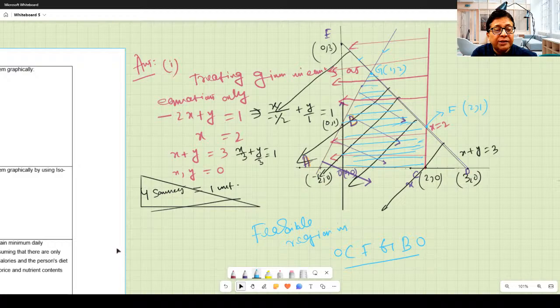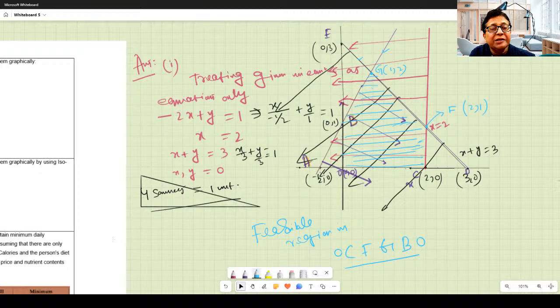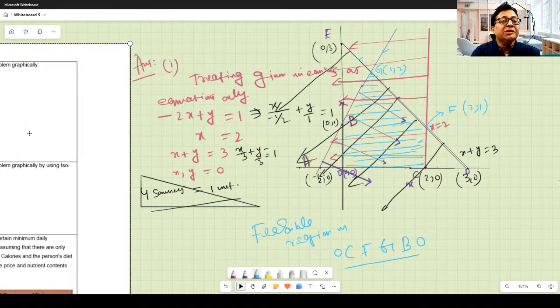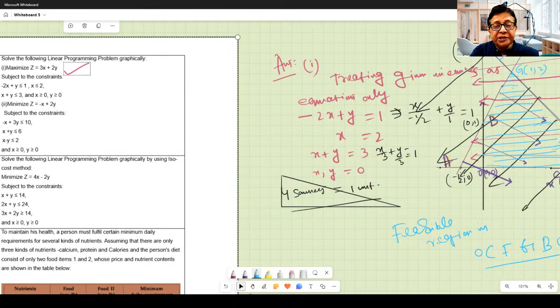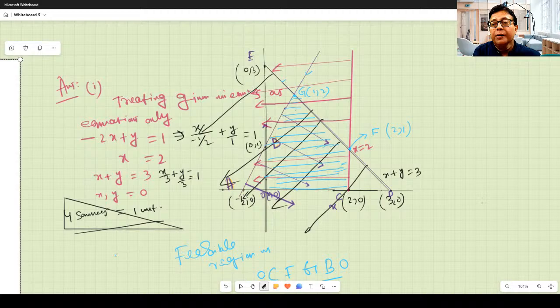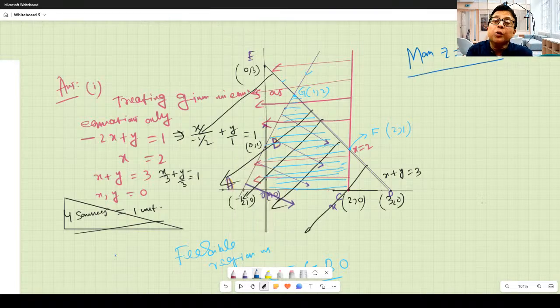What we have to do there, this objective function Z is equal to 3x plus 2y. The question was maximize Z equal to 3x plus 2y. This we are going to maximize. So in corner point method, I will be putting the values of x and y in it at these corner points.